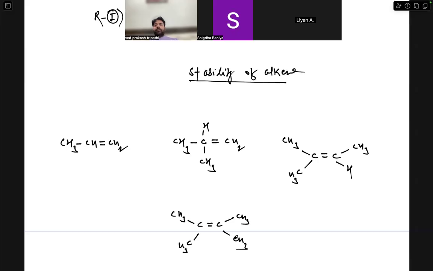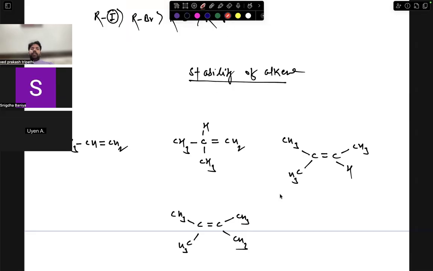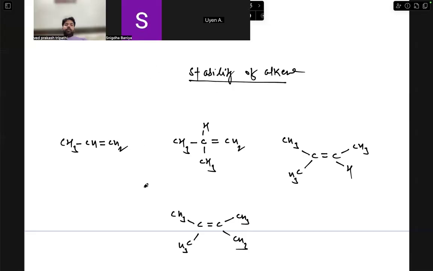Now look at the trick here. Whenever you have an alkene, keep a circle around the double bond carbons.